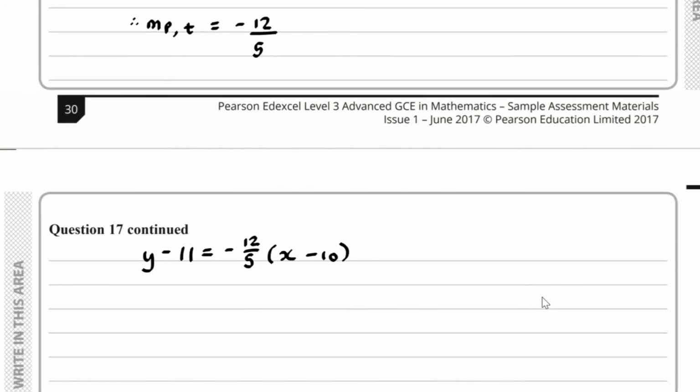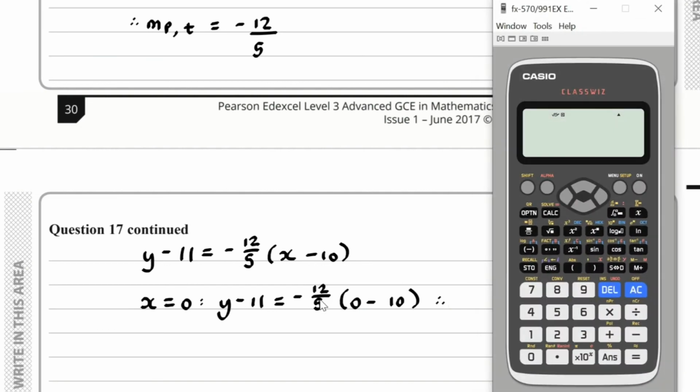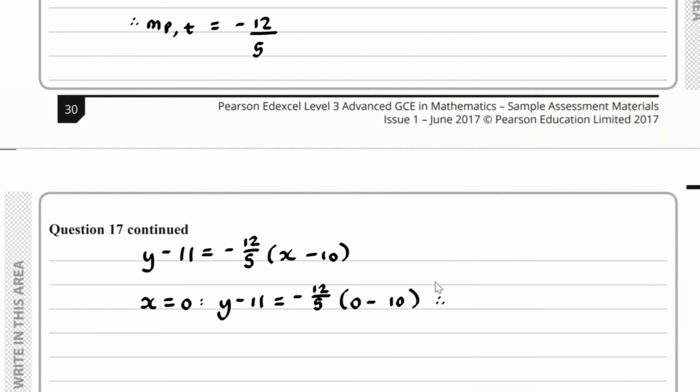And what we can now do is see what happens when x is equal to 0. So we've got y minus 11 equals minus 12 over 5 lots of 0 minus 10. If I solve for y, we've got minus 24 plus 11, which is 35. So y will equal 35, and so the coordinates of P will be 0, 35.